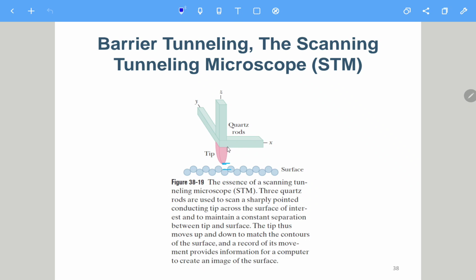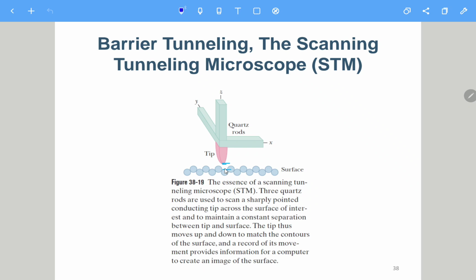So it tries to move the tip close to the surface. You try to observe, and then of course you should be able to know what the material is, and this gap is like the potential wall. So you can try to count how many percent of the electrons can go through this potential wall.